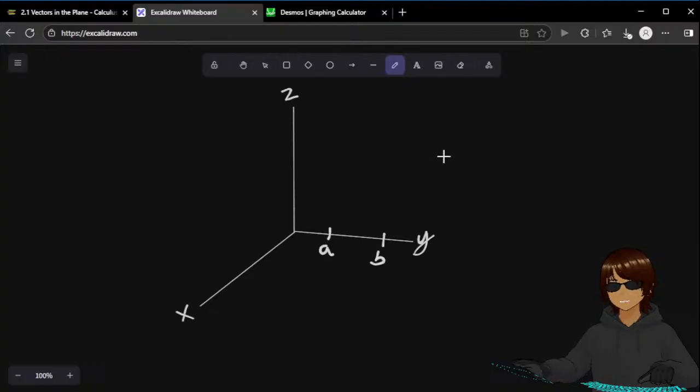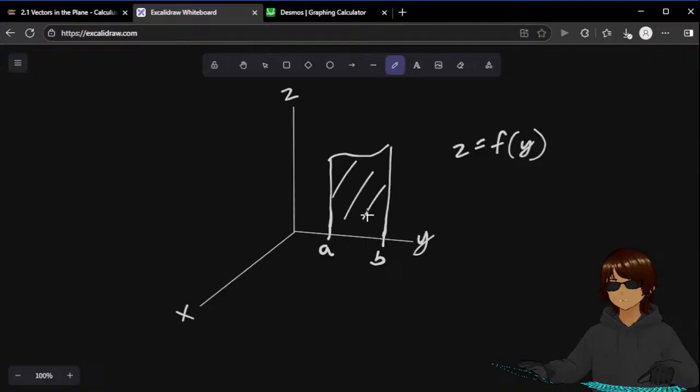I have a function, z is equal to f of y, some function over here. If I want to find the area of this sheet, then I would basically do this, from A to B, f of y, dy.